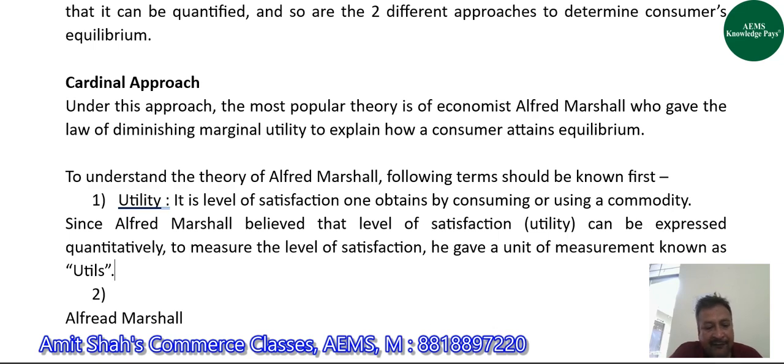Suppose I have my first chapati, and I'm hungry, I am with my full meal. I consumed the first chapati and somebody asked me what is the level of satisfaction that I obtained by consuming that chapati. My answer may be, let's say, 50 utiles. So I hope you all have understood what utiles stand for, right?